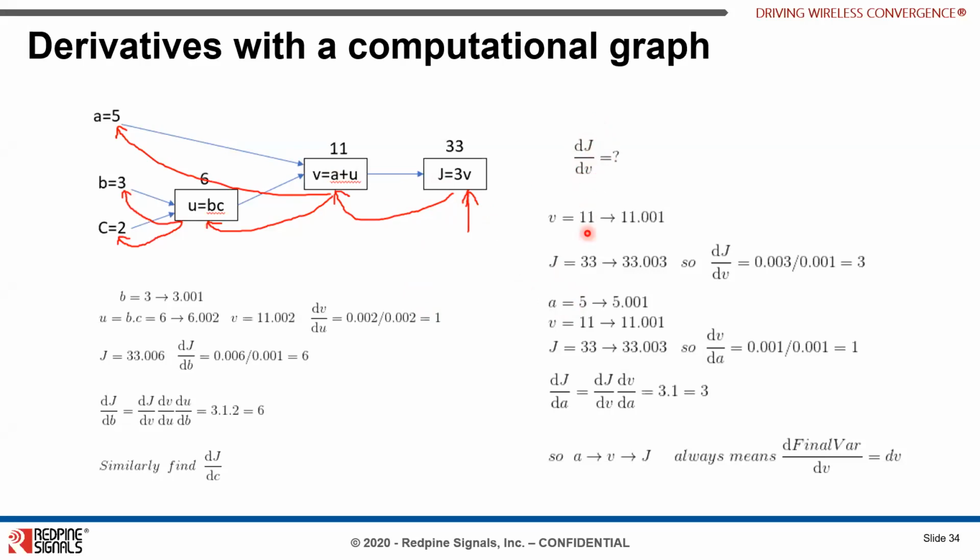If we change v from 11 to 11.001, we'll see a change in j from 33 to 33.003, because j is equal to 3 into v, that is 3 into 11.001. So basically dj by dv is 0.003 by 0.001, that is 3. You can easily cross-check that dj by dv is equal to 3 with the differential calculus formula.